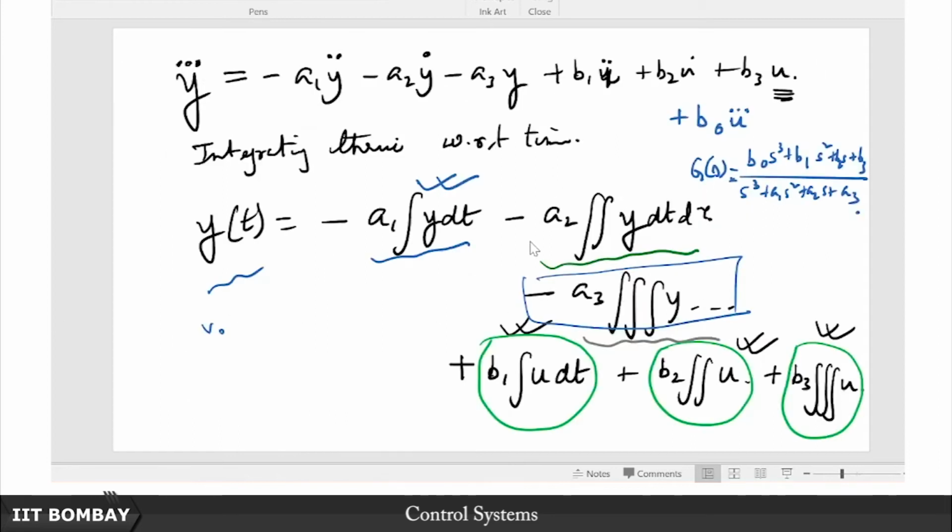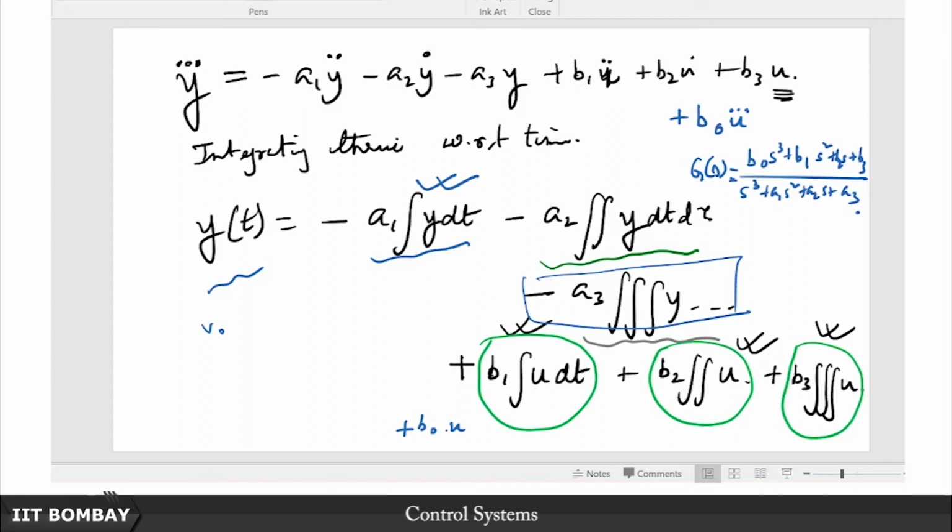Yeah, what if you had a, in fact let us just see this first. Suppose you had a B naught U triple dot on this side as well, right.